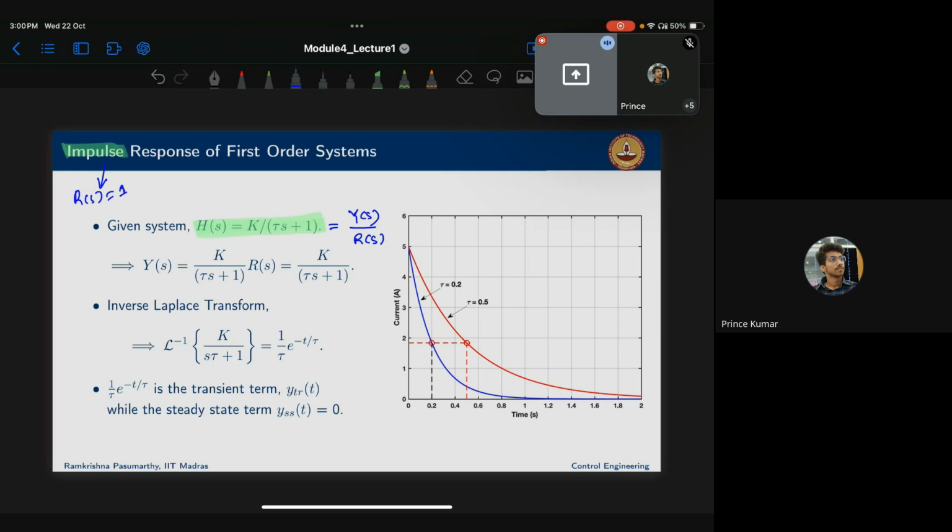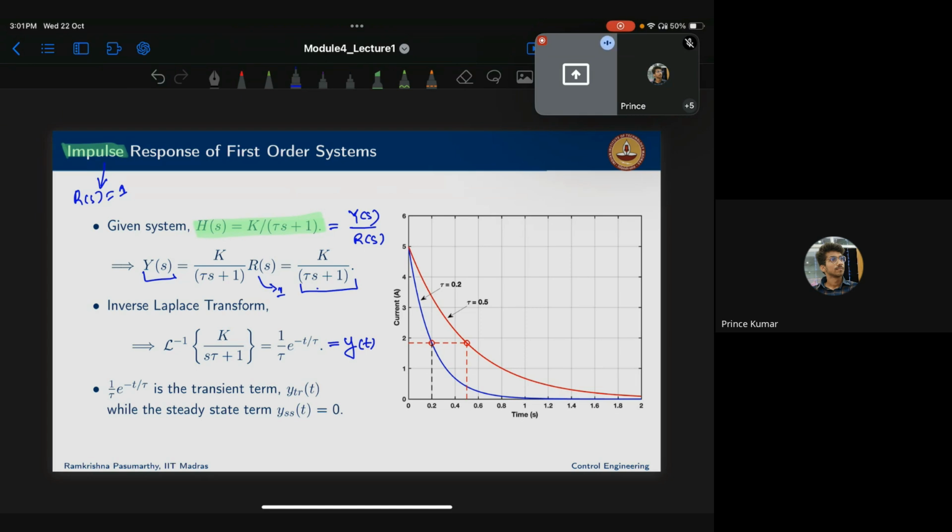Substitute here, and then your Y(s) expression is this. When you substitute R(s) as 1, this is your Y(s) expression. Then take the inverse Laplace, so this is your y(t): 1 by tau e power minus t by tau.